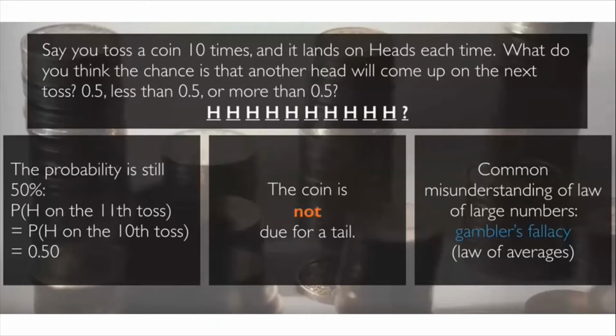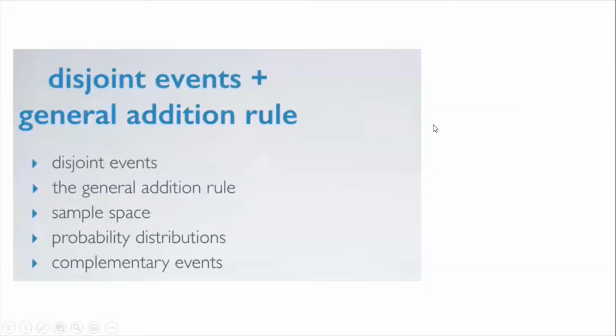One experiment is independent of the next experiment, because whenever you toss a coin and get the outcome, it has nothing to do with the next time. So we will talk a little bit about disjoint events and the general addition rule for probability. We will also talk about sample space, probability distribution, and complementary events.